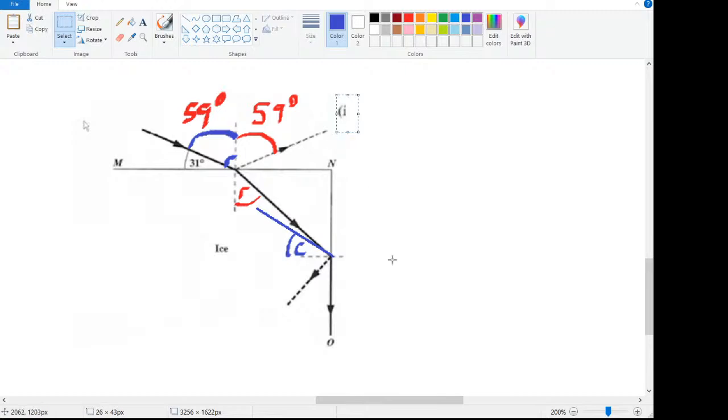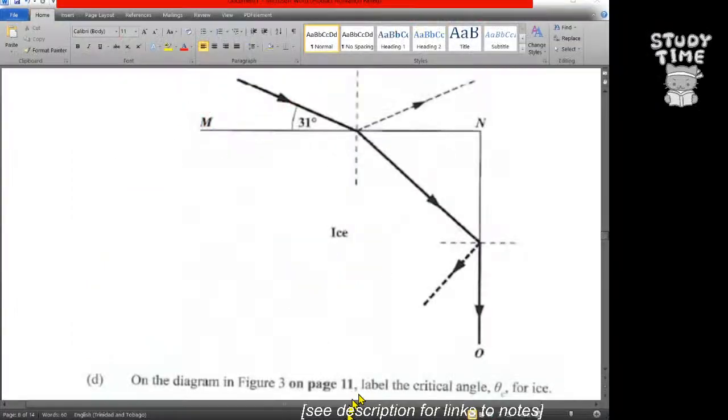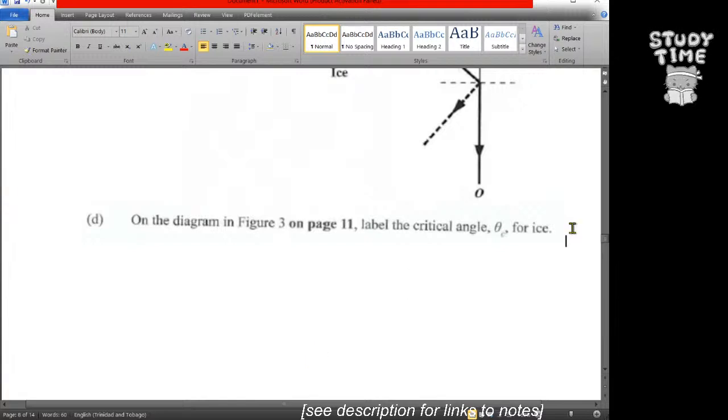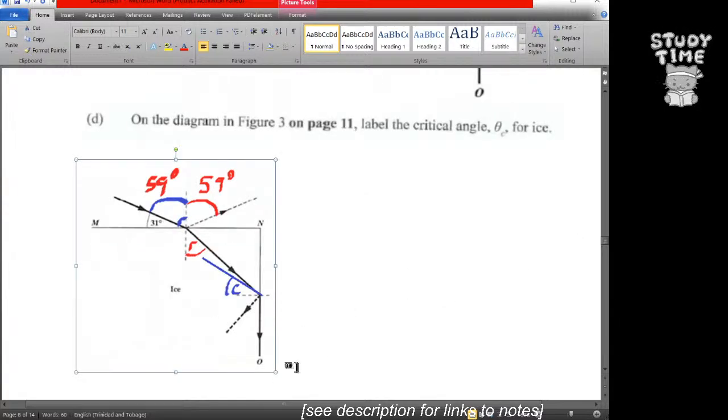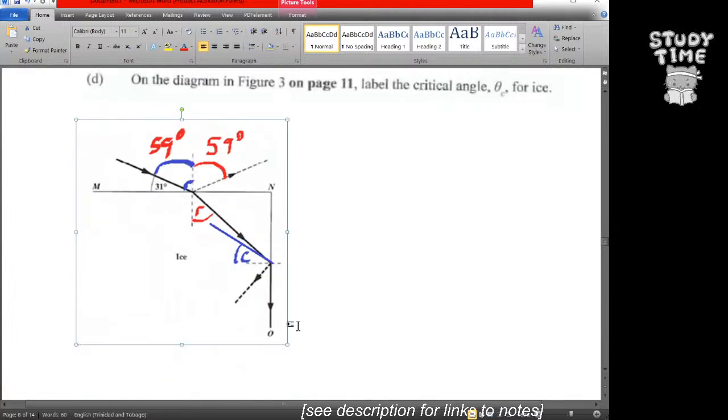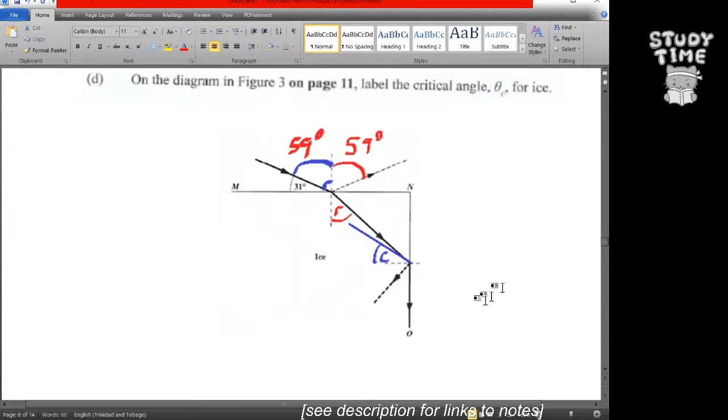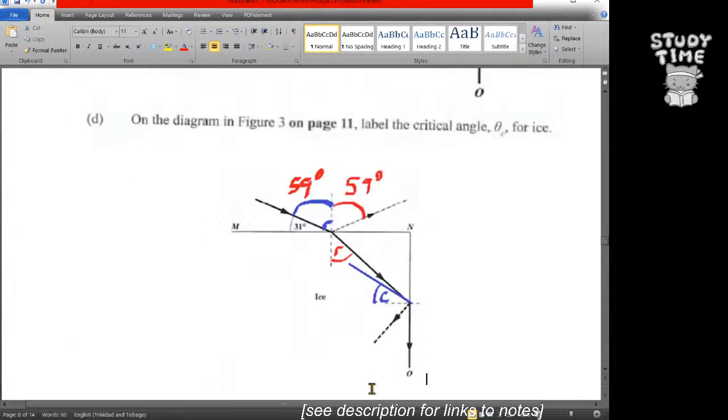I feel like everybody will get it wrong. I feel like you only need to label this one. I wonder if they'll give any mark for that or just for labeling the angle, eh? Because really, it's supposed to be a little less than that.